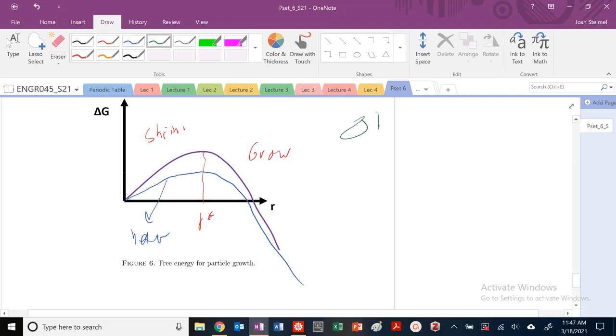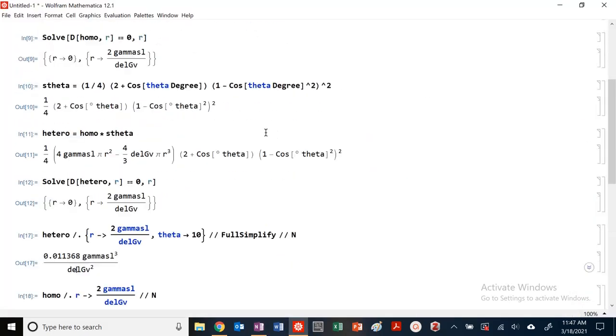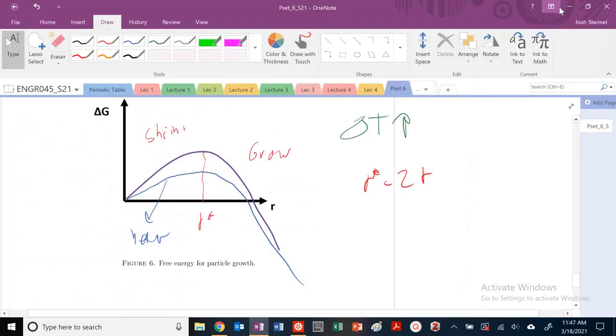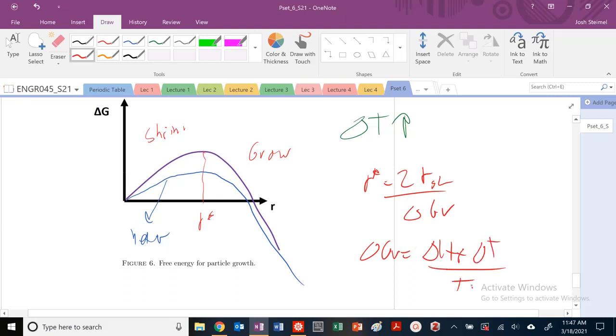If my delta T increases, we saw that R star was equal to 2 gamma SL, let's pull it up, yeah, 2 gamma SL divided by delta GV. We also know that delta GV is equal to delta HF times delta T, the amount of our undercooling, over Tm.